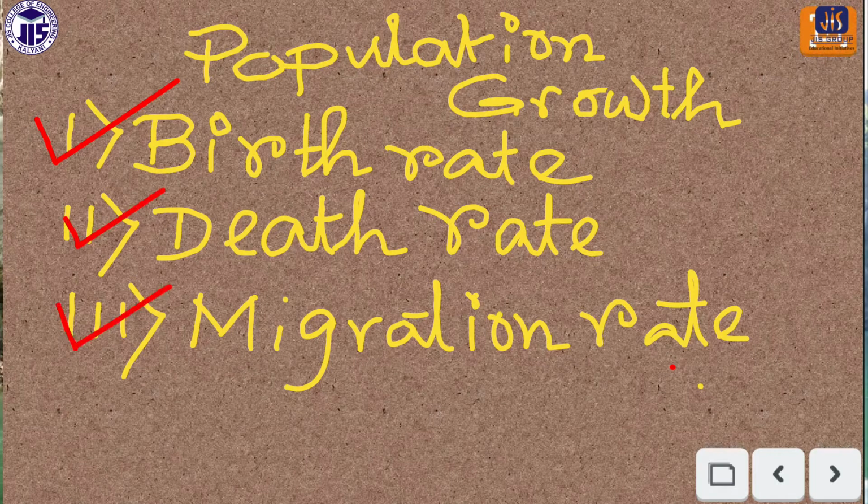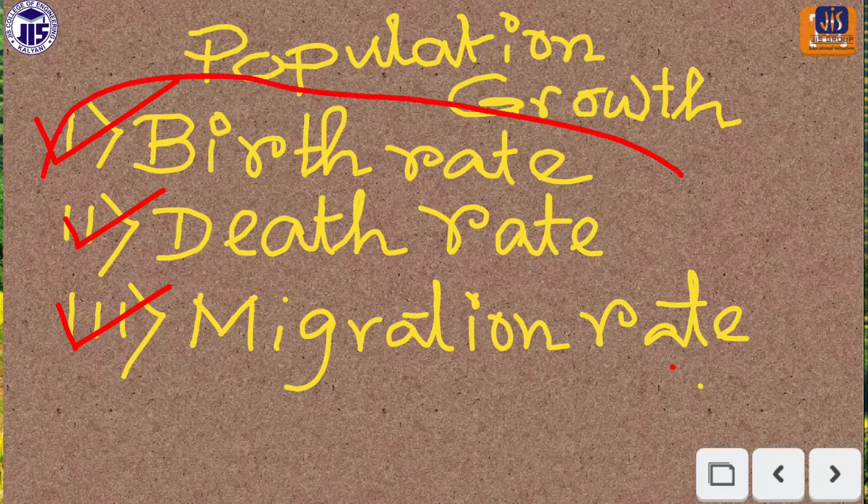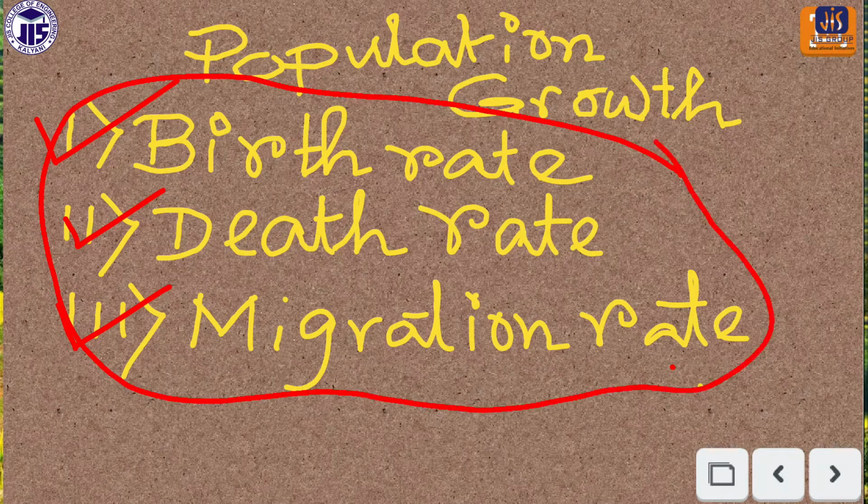So in the overall population growth study, there is some mathematical calculation by which we can determine the population growth. That population growth actually depends on these three factors, which control the overall population growth of any particular region.